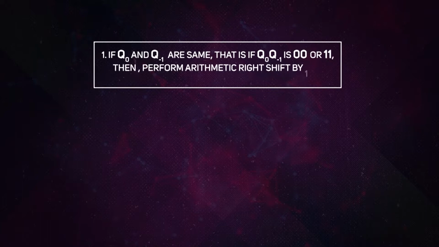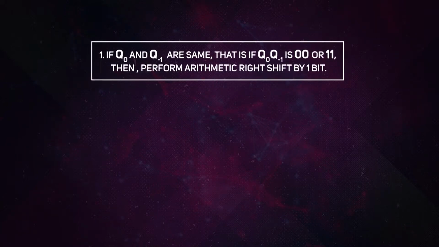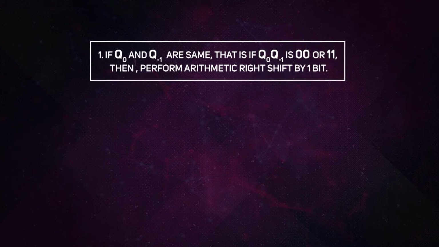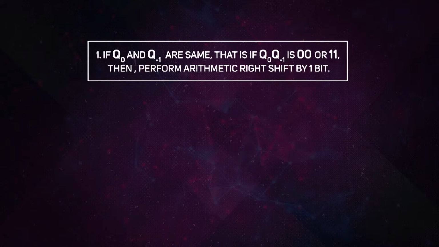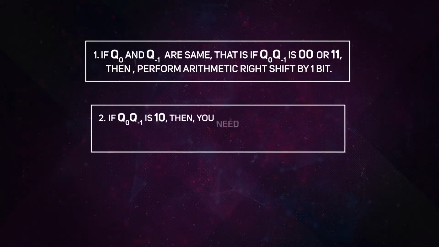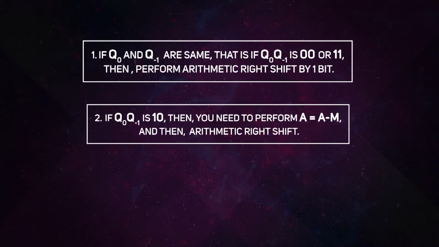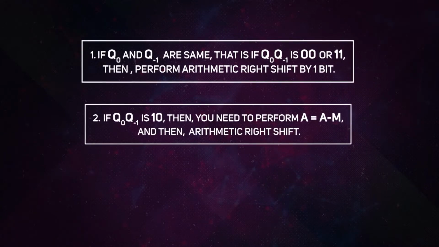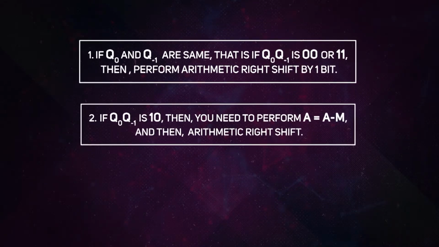First one, if q naught q minus 1 is 0 0 or 1 1, then perform arithmetic right shift by 1 bit. Second point, if q naught q minus 1 is 1 0, then you need to perform a equal to a minus m and then arithmetic right shift.